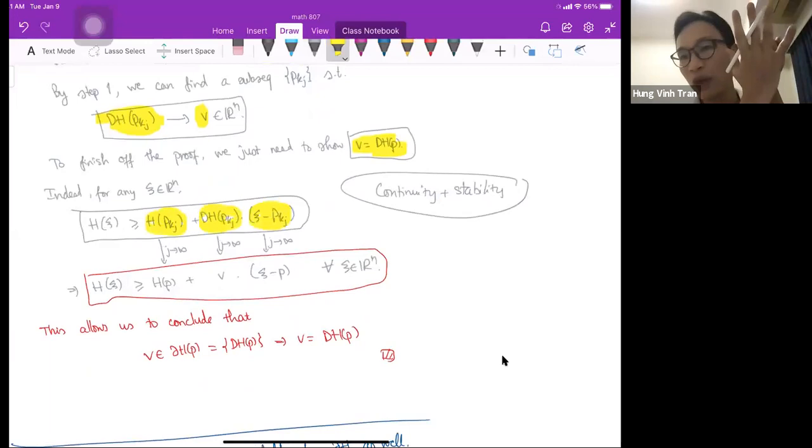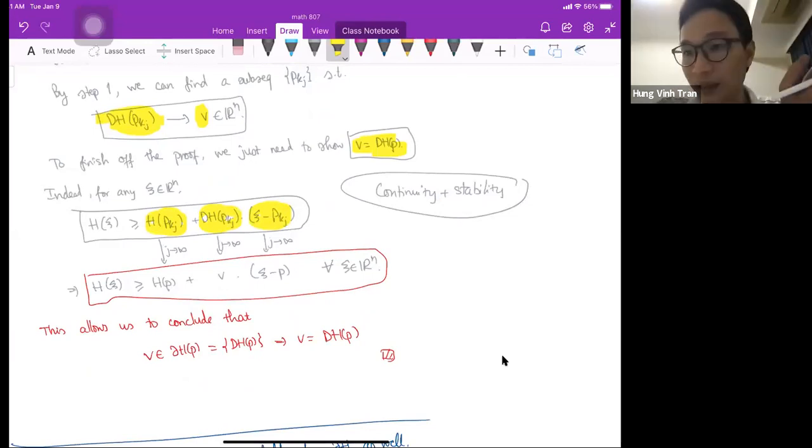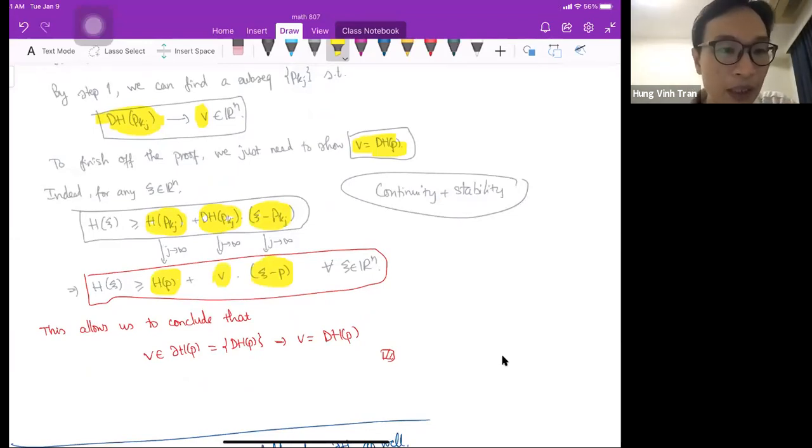We use a supporting hyperplane at p_kj, and we have that relation. Now everything is stable. You let j go to infinity, h of p_kj converging to h of p, dh of p_kj converging to dh of p, and c minus p_kj converging to c minus p. So you have h of c is greater than or equal to h of p plus v dot c minus p.